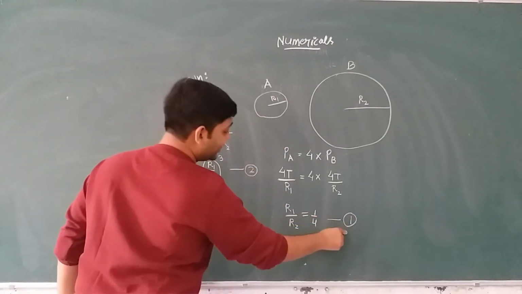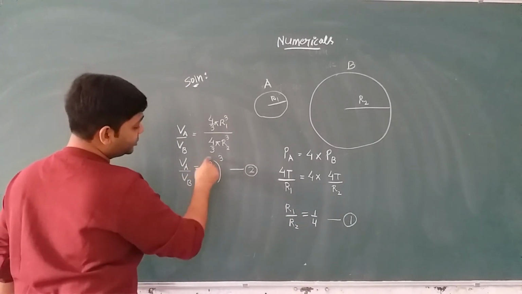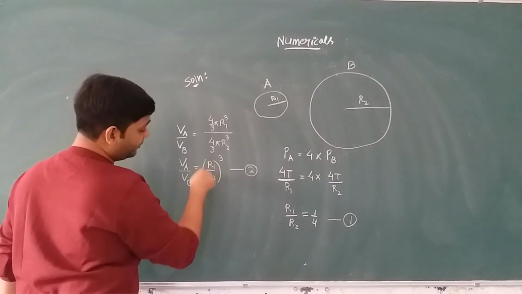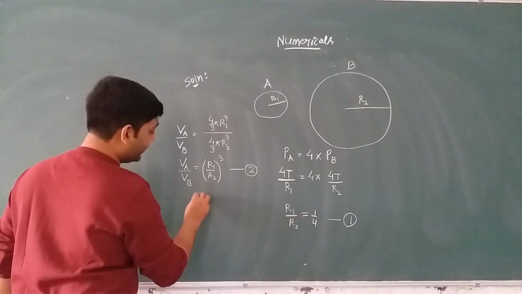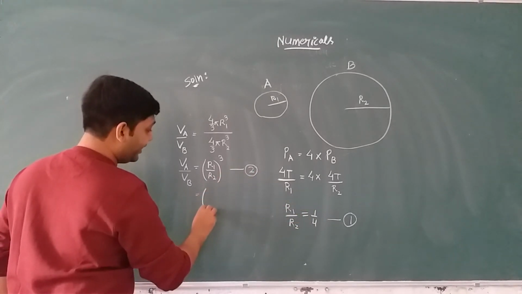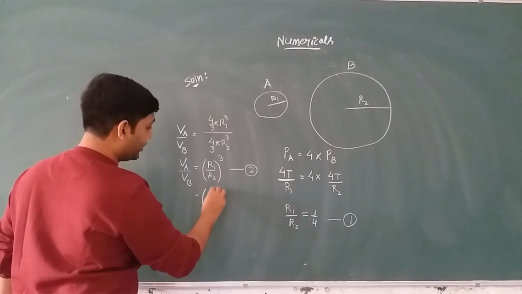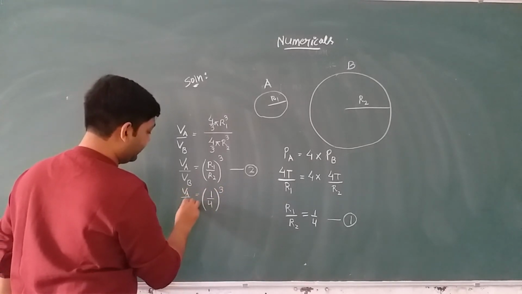And now using equation 1 and equation 2, what do we get? This ratio we have calculated is equal to 1 by 4, so using equation 1 and equation 2, we get 1 by 4 whole cube, VA upon VB.